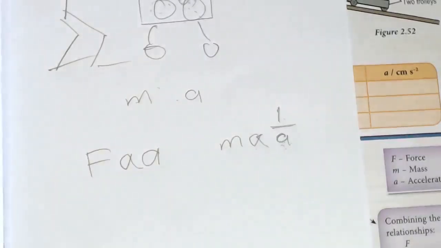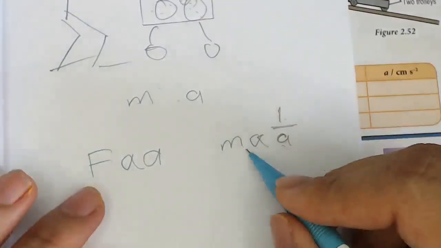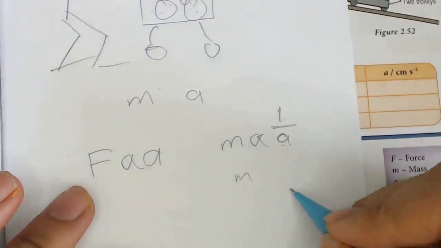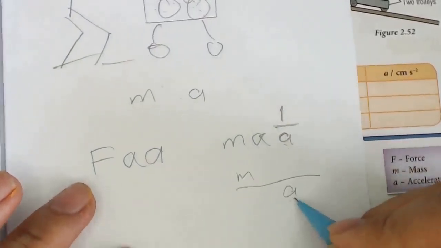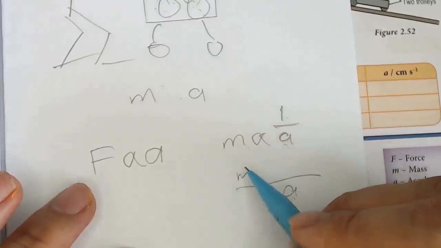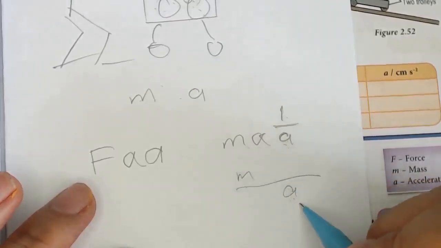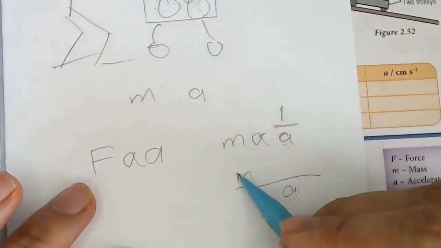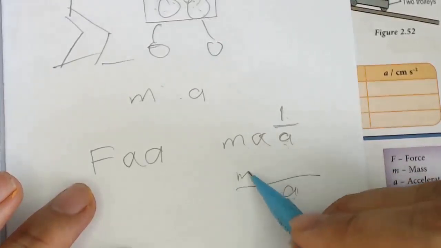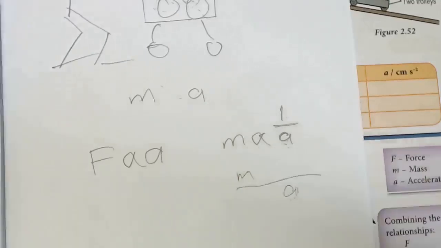So means that M is on the upper side, while A must be on the lower side, because A doesn't have M. If A increases, M decreases. If A decreases, M will increase.